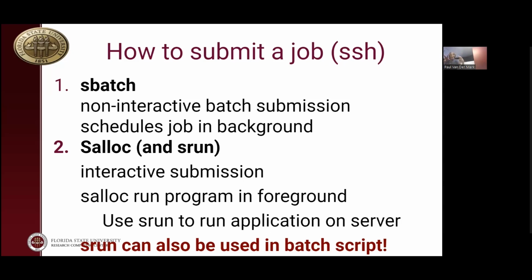You made your order on Amazon, somewhere is a package with your name on it, and it will go into the whole machinery, and at one point, hopefully it will drop off at your home address. Now, sometimes you want to run interactively, and that's when there are commands like salloc and srun.